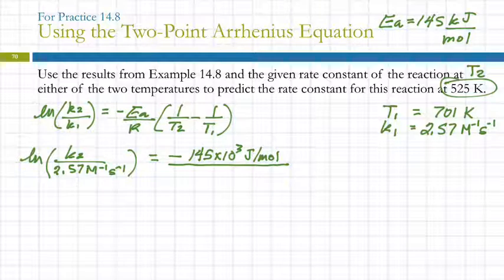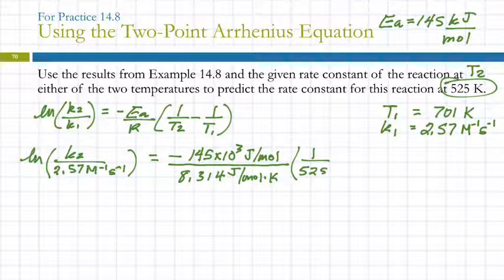Then I've got R, 8.314 joules per mole Kelvin, and that's the thing that's making me use joules. And then I've got my temperatures, 1 over T2, which is 525 Kelvin, minus 1 over T1, 701 Kelvin.